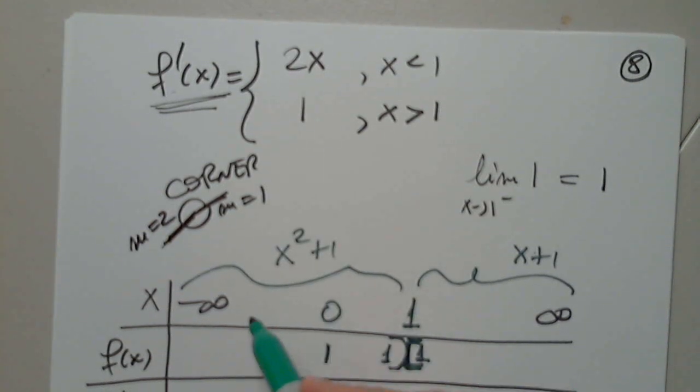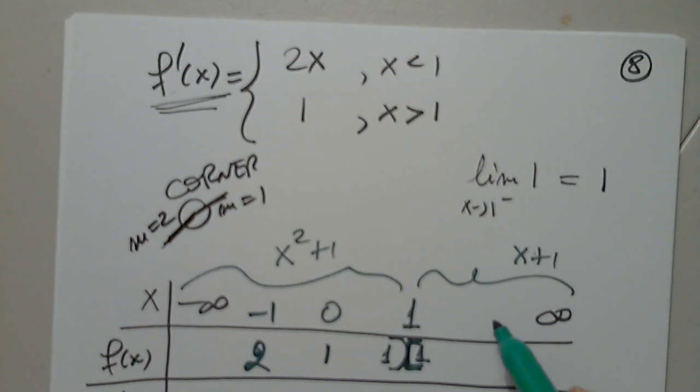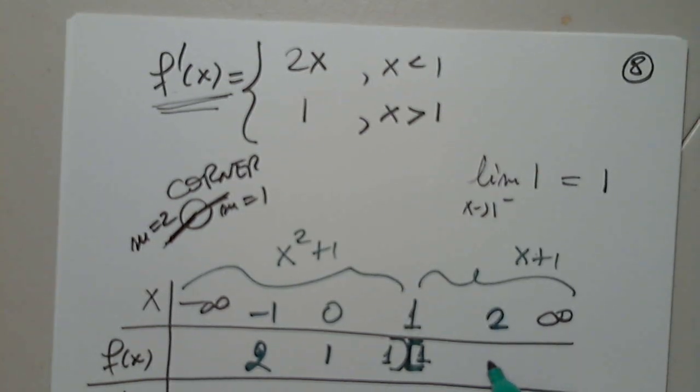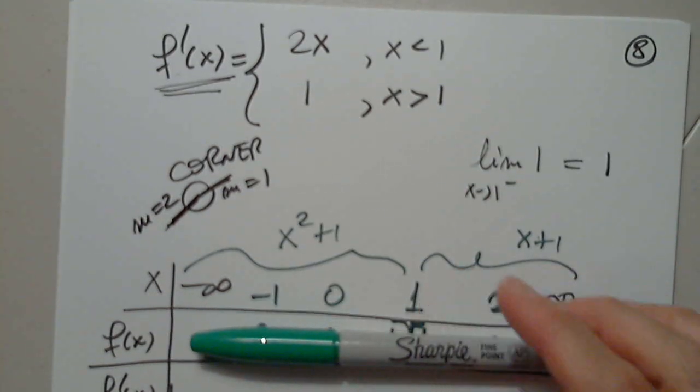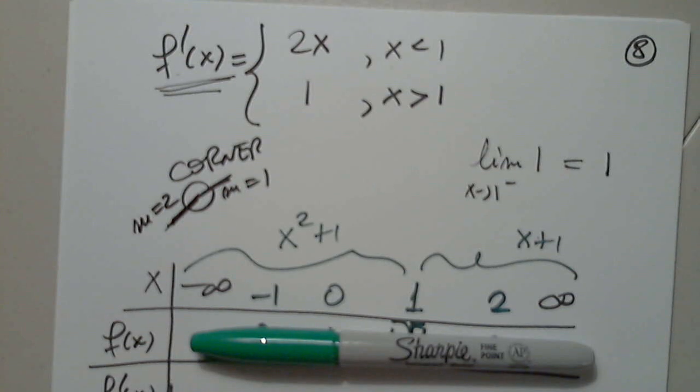When I plug in -1, I get 2. And when I plug in 2, I get 3. That's good enough. That's all I need for the function. Now for the derivative. The derivative is undefined at 1. There is nothing I can put in here.